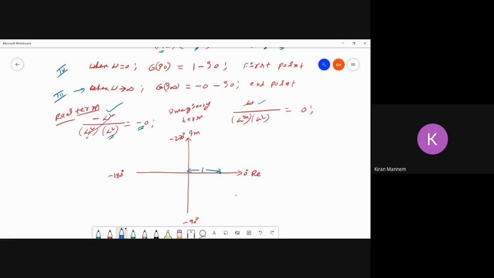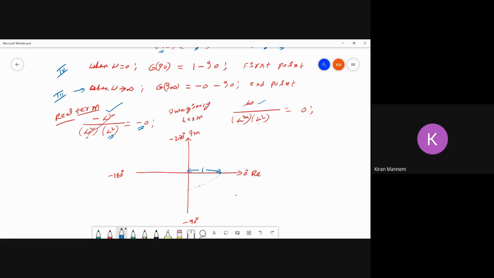So what happens if we have a first point in the fourth quadrant and the end point in another quadrant? It must cross the imaginary axis. Definitely it must cross the imaginary axis. So in this case we should find the point of intersection with the j omega axis, since this polar plot must cross here.